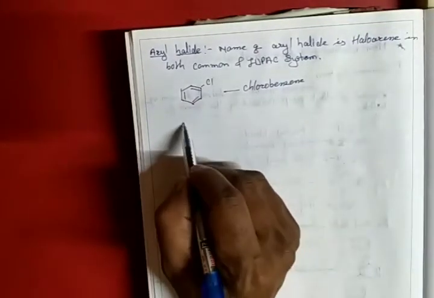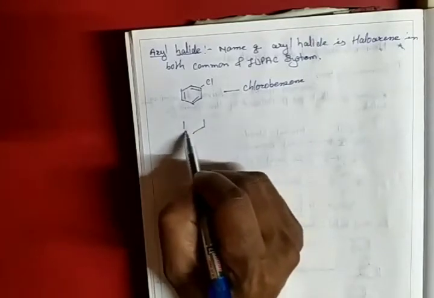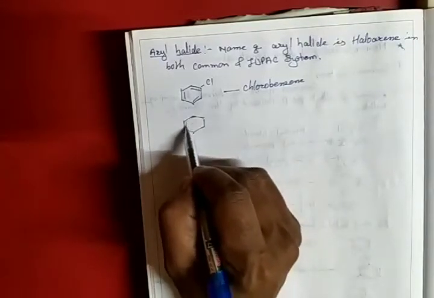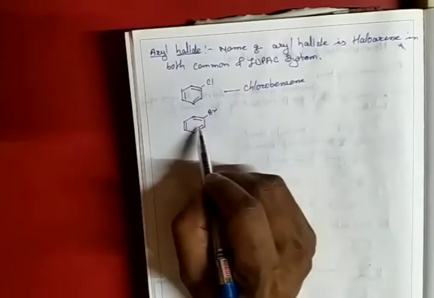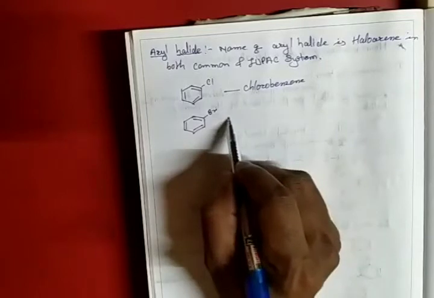Next, suppose we have bromine attached to benzene, called bromobenzene.